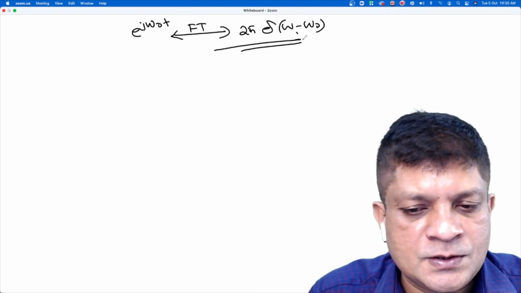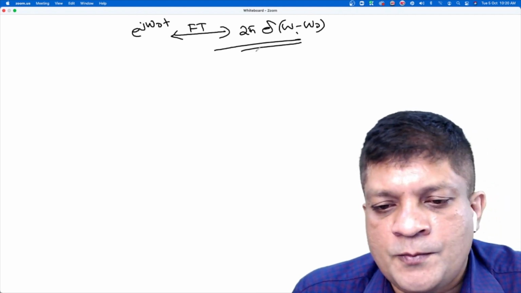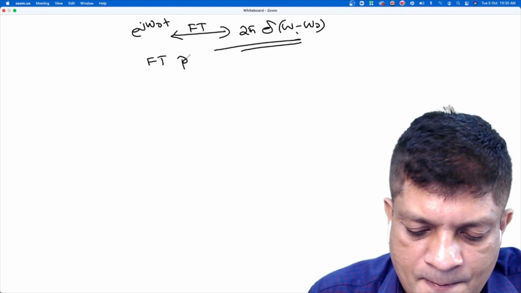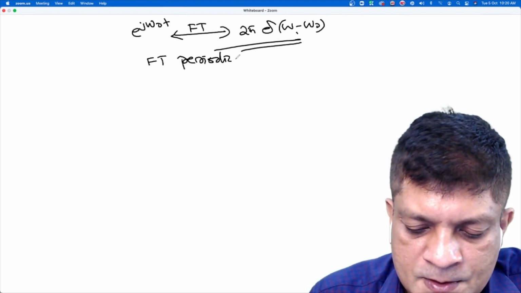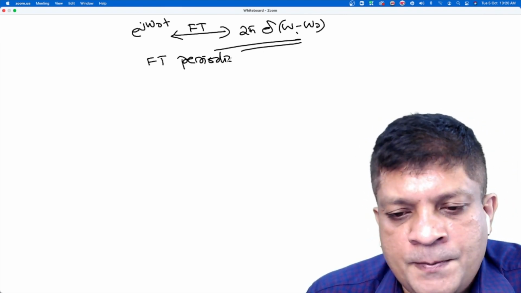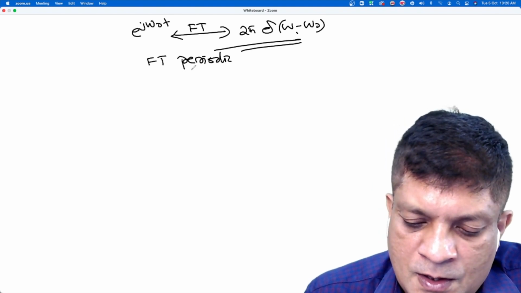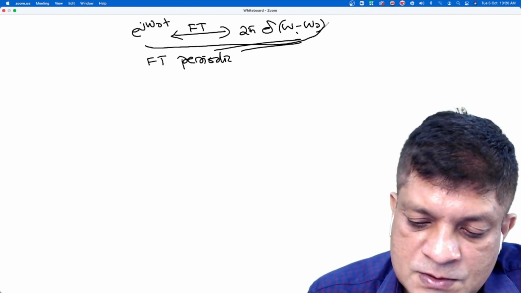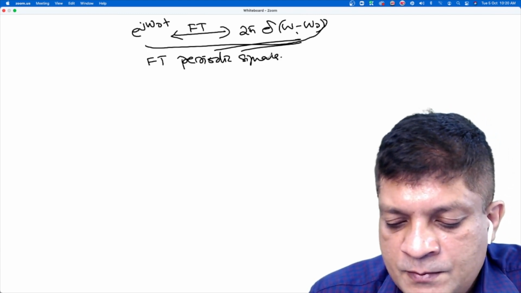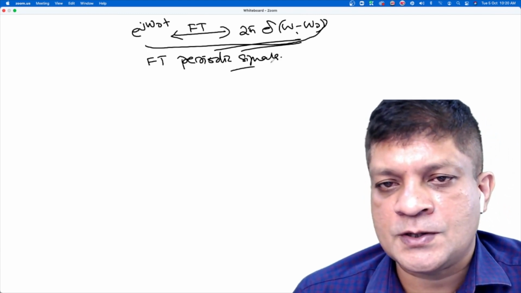And by using this Fourier transform pair, we can find the Fourier transform of a periodic signal. So far we have not defined the Fourier transform for a periodic signal. We can use this result to find the Fourier transform of periodic signals. And why do we need the Fourier transform of periodic signals?